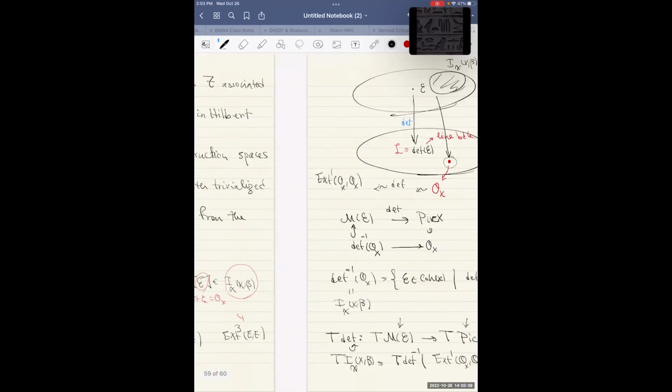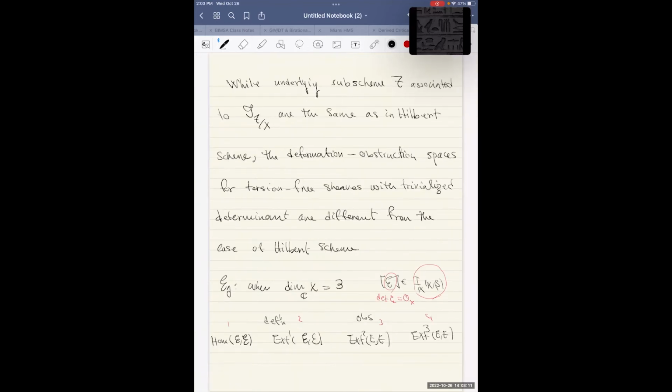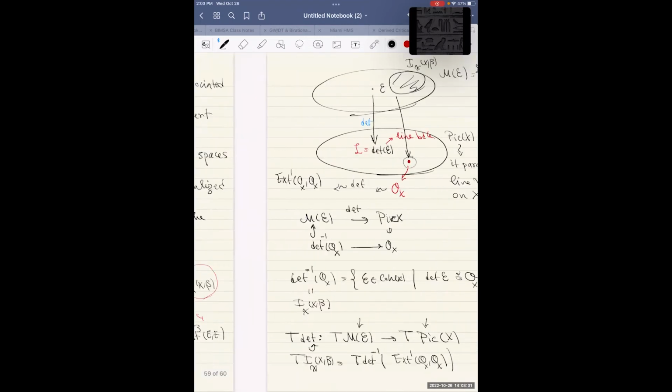So now I'm looking at the deformation theory of I_X comma beta, not the moduli space of all possible coherent sheaves, but the moduli space of coherent sheaves on X whose determinant is fixed. It doesn't matter, by the way, if the determinant is O, even if it is L, same exact story.